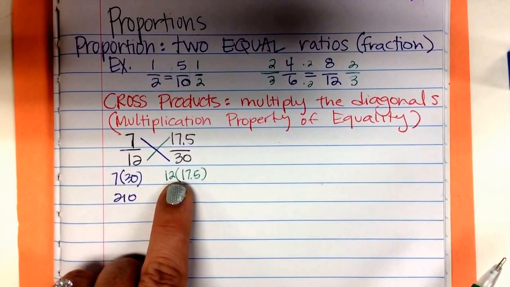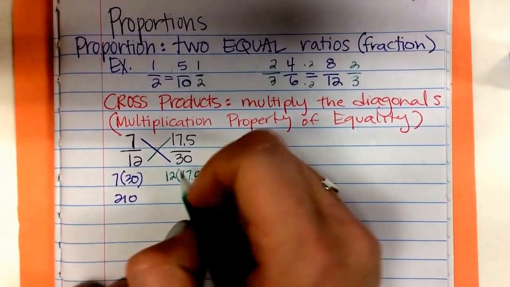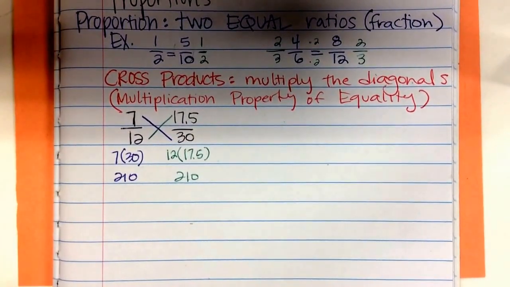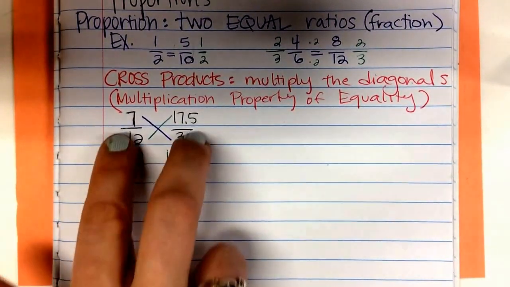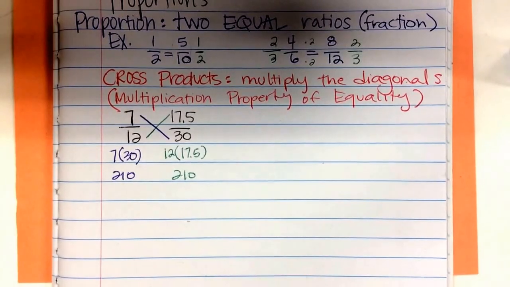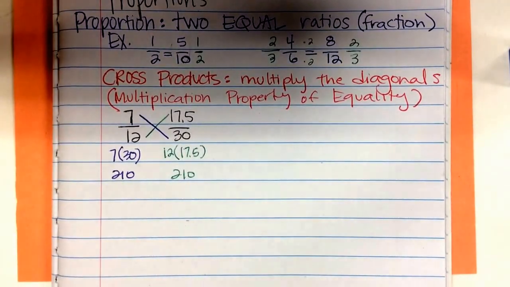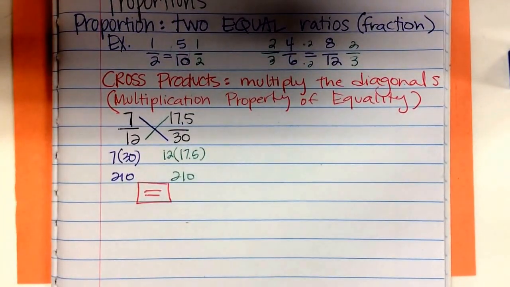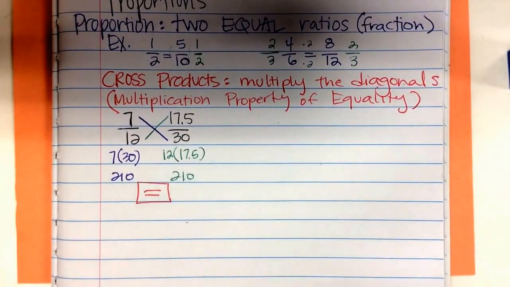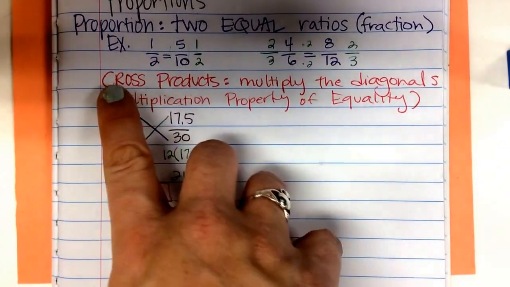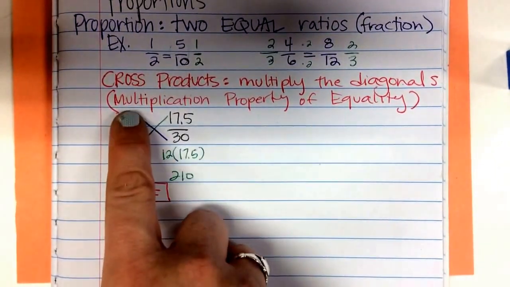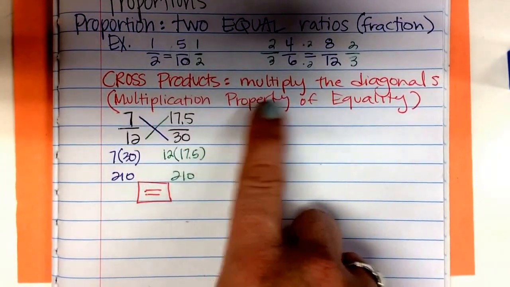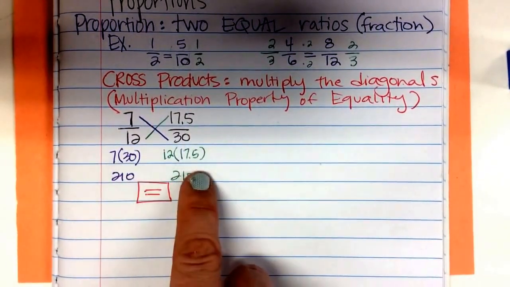And what is 12 times 17.5? 210, isn't it? So are these equal fractions? Yes. So we'd put an equal sign. And how do I know that they're equal? I used cross products. I multiplied the diagonals. And by the multiplication property of equality, since they're the same, they're equal.